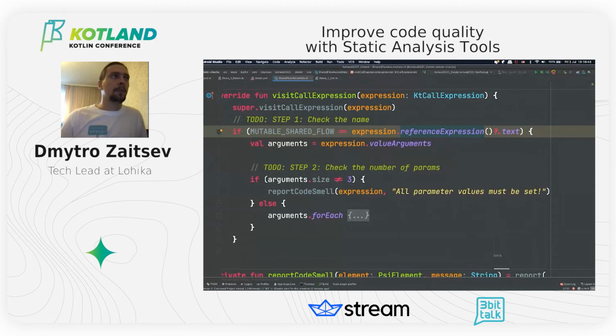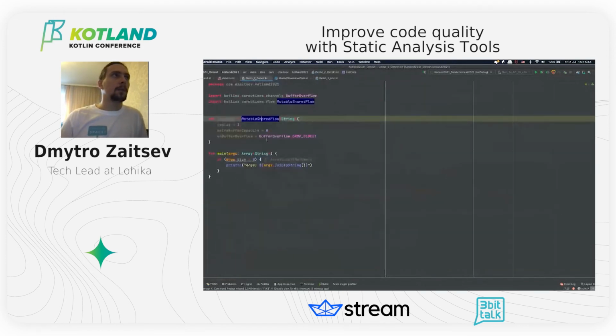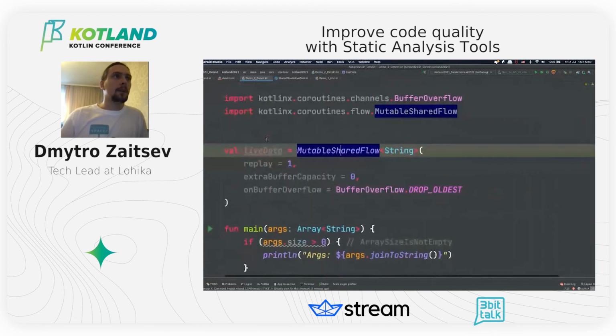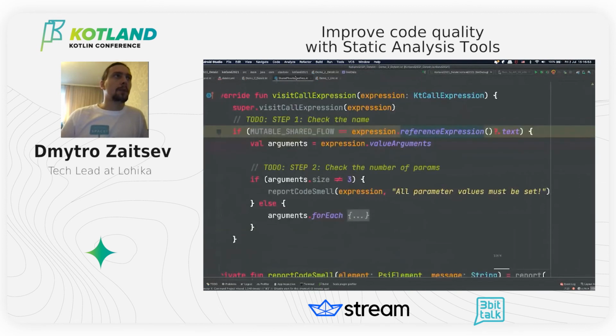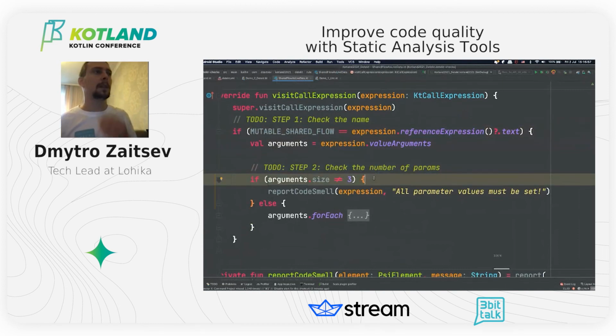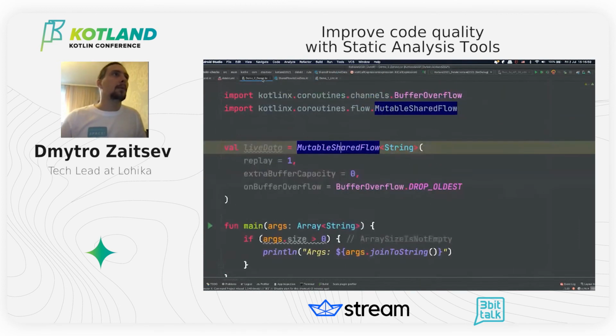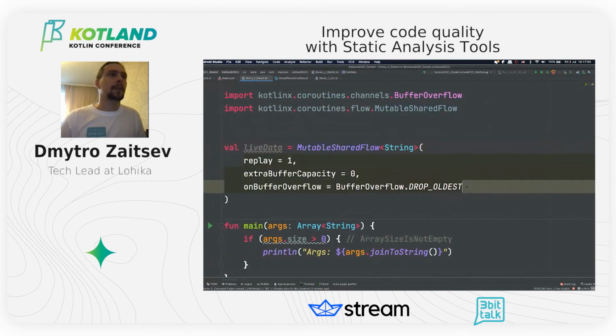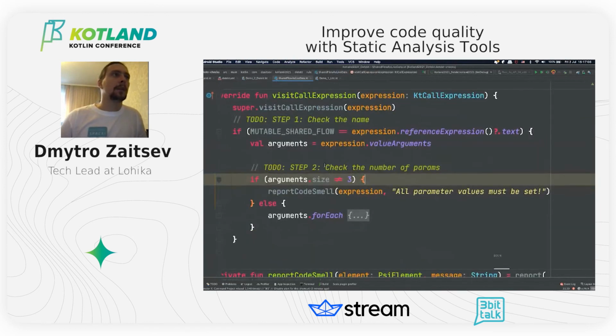So if we found the mutableSharedFlow method, let's check for parameters. Step 2, check the number. Our rule says that we must have all the parameters set, all 3. So in step 2, we check the number of parameters.